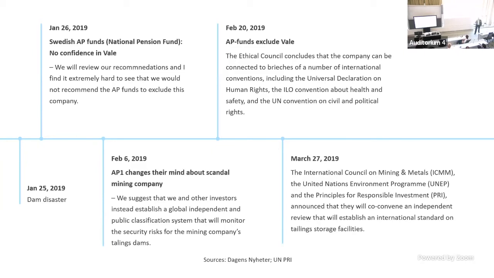The governing board for this entity is made up of the Church of England and the Swedish combined pension funds.